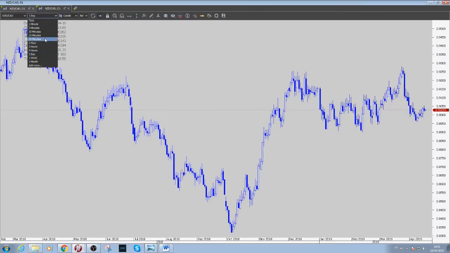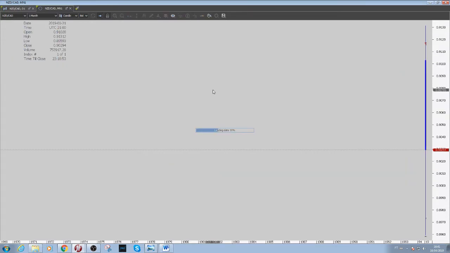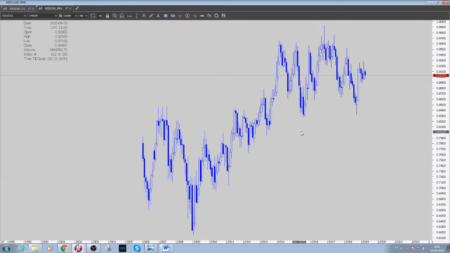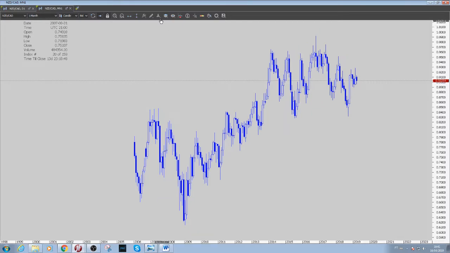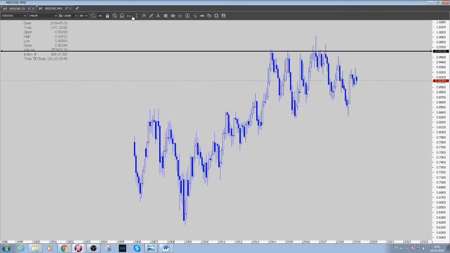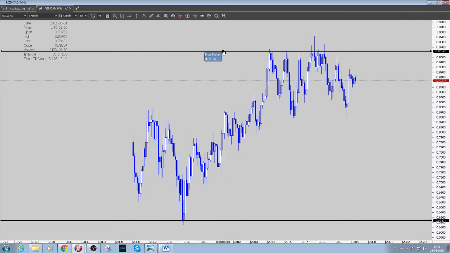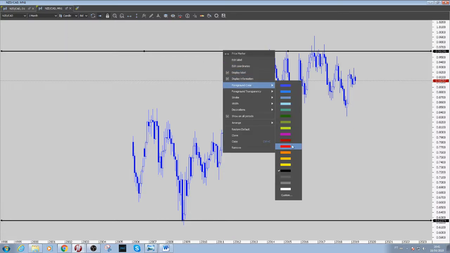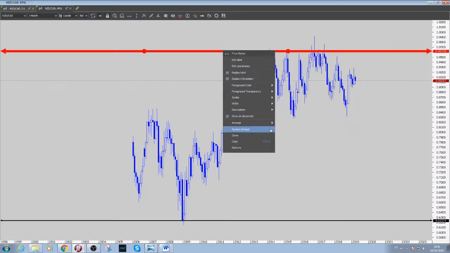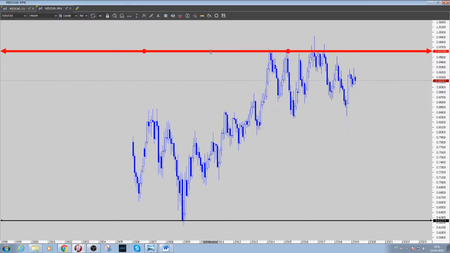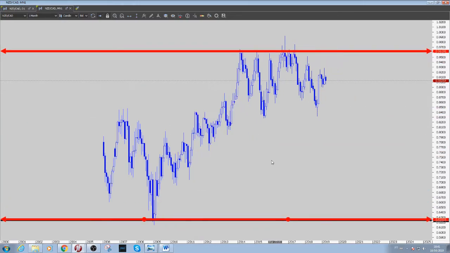Remember why we are going to start at the top, because from the monthly, this is the monthly chart, the market is already at the so-called position trade. So this is the upper band, and cyclone. This is the lower band.